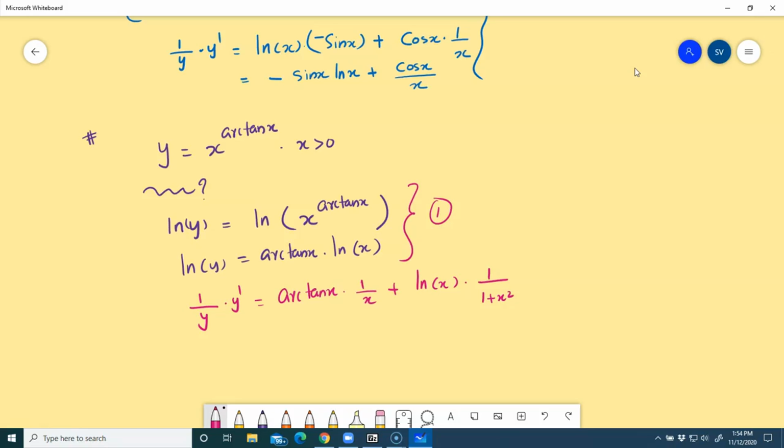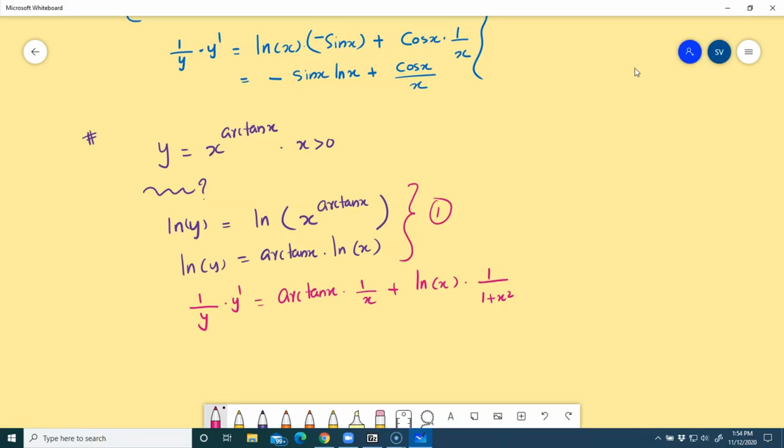This is a standard result that you have to reproduce always through practice. I will not advise memorizing something; I will advise you to practice. Practice gives you improvement. So ln x times 1 by 1 plus x square.